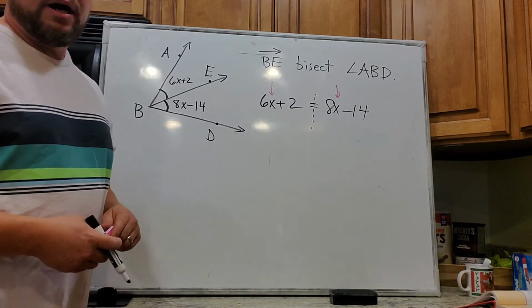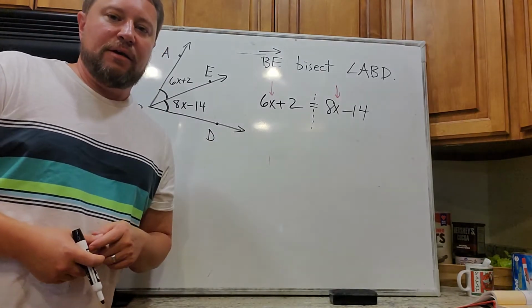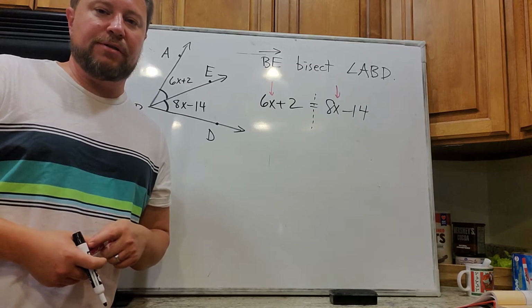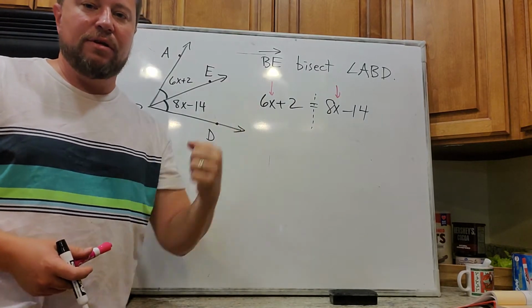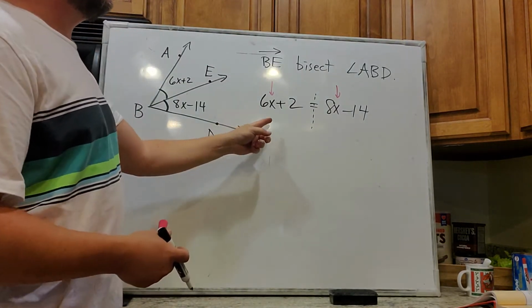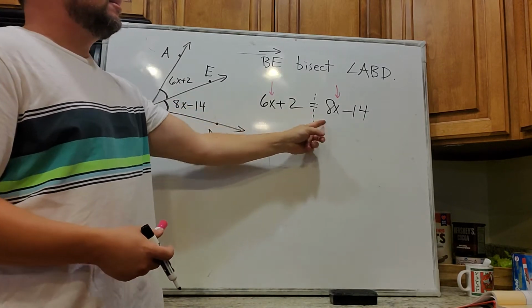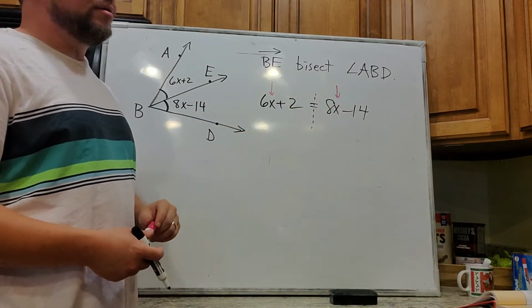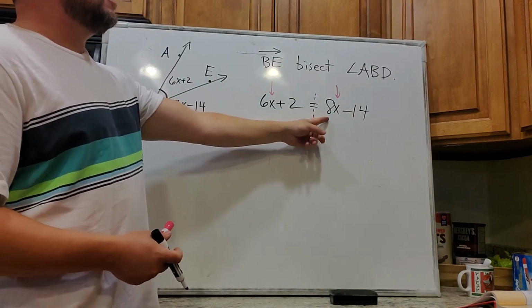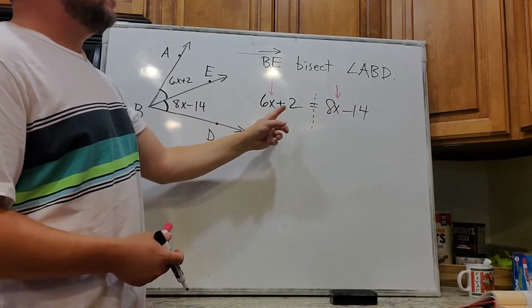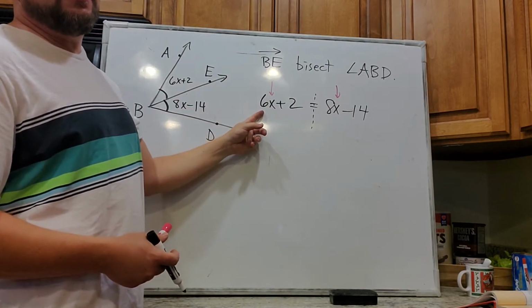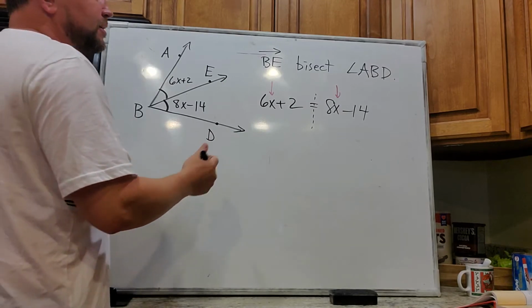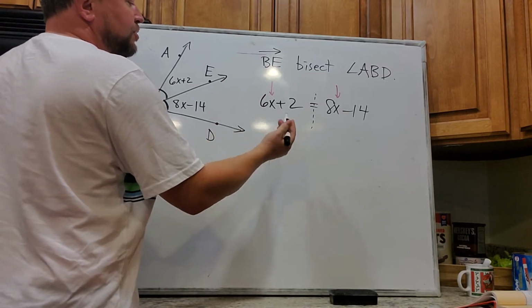I always like to say that according to Darwinism, it's survival of the fittest. So when you look at 8x and 6x, I look for the stronger one and keep him around. The 8x is my stronger one, so I'm going to keep him and get rid of 6x. To get rid of him, in algebra, you always just do the opposite.